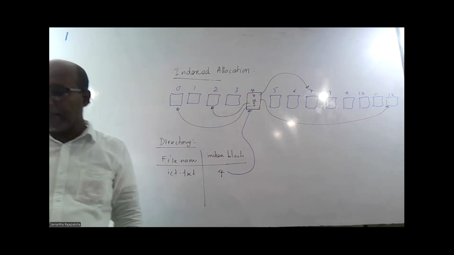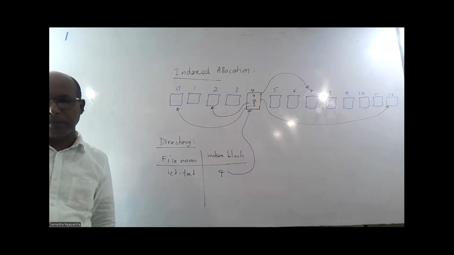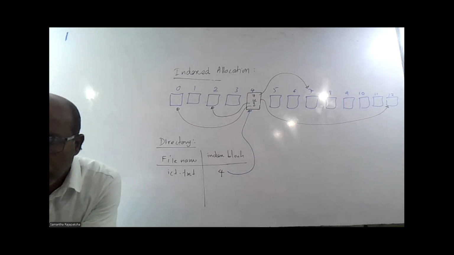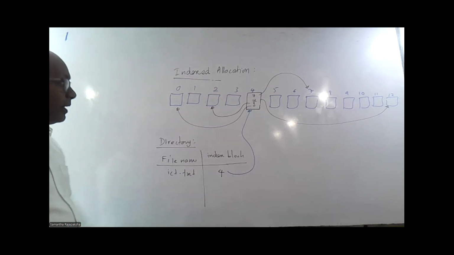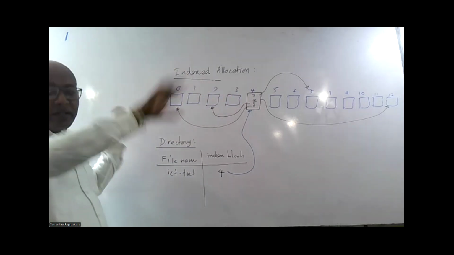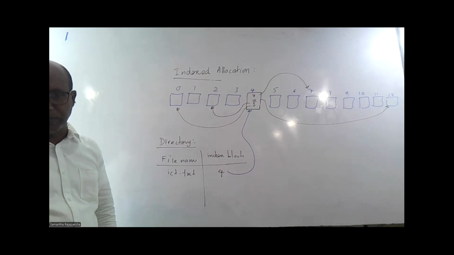Okay, is it clear? Yes, sir, but the fourth one is like a sentinel, sir. The fourth block is the index block. The index block has pointers to the others. That's what the index block is.